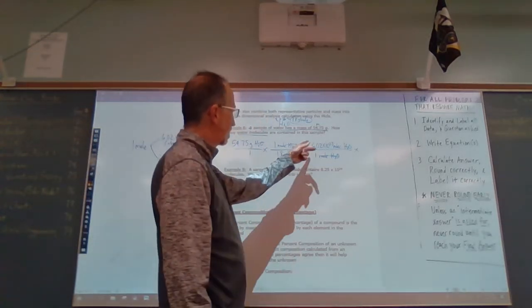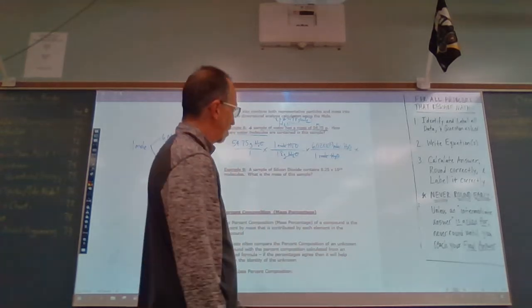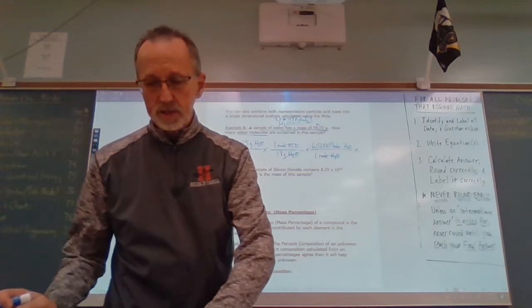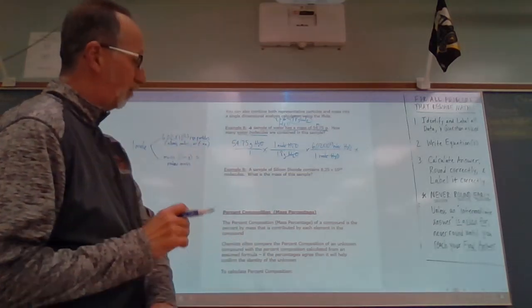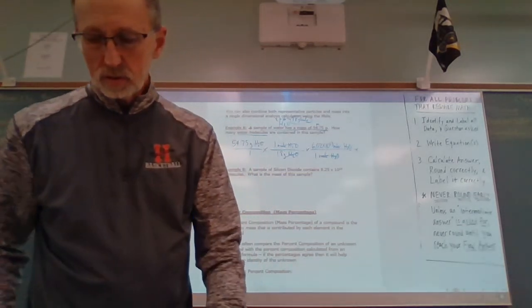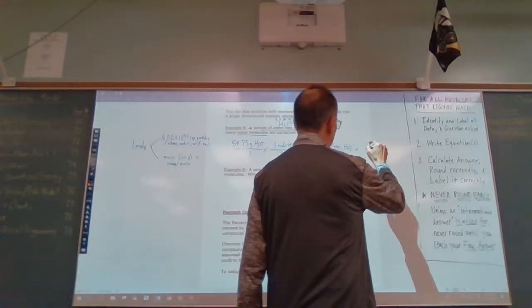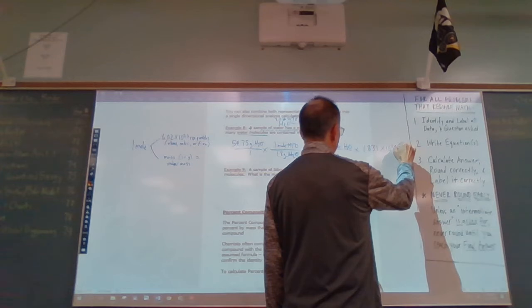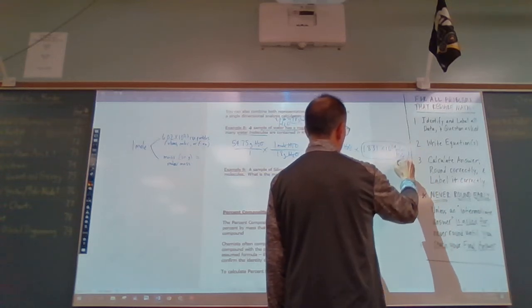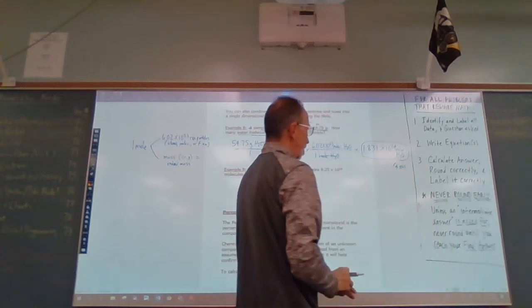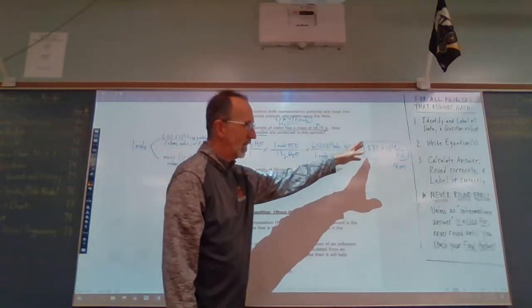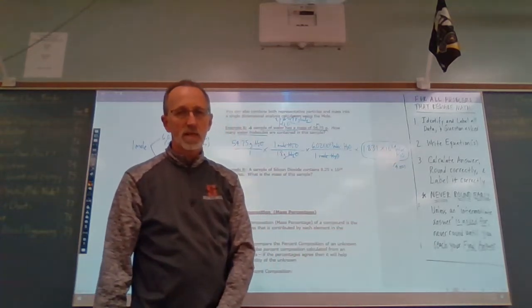So 54.75 times Avogadro's number divided by 18, rounded to 4 sig figs, would be 1.831 times 10 to the 24th molecules of water. So this mass of water is equivalent to this number of molecules of water.